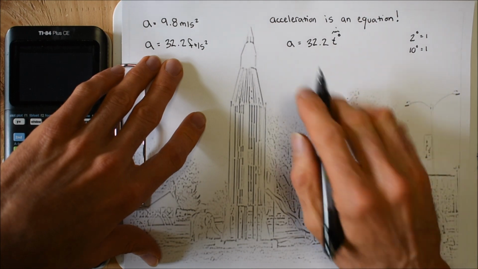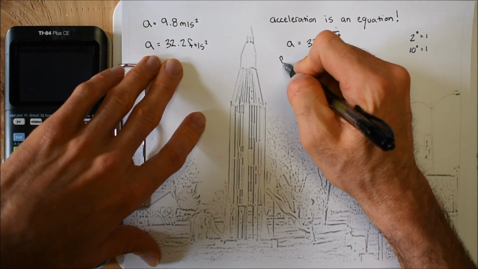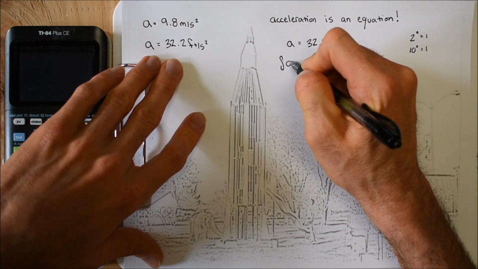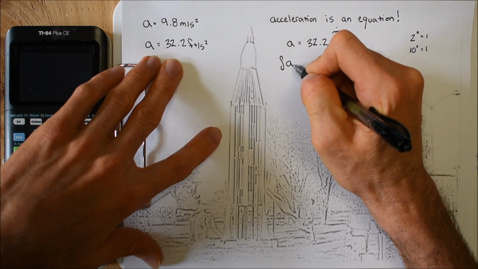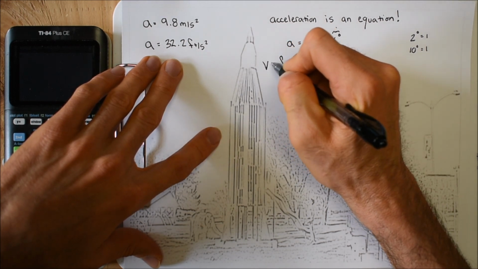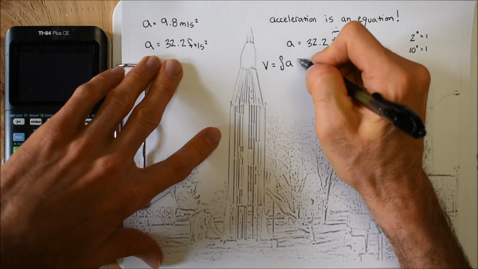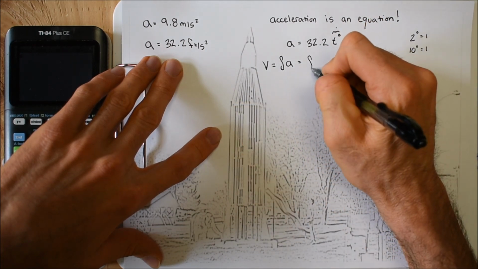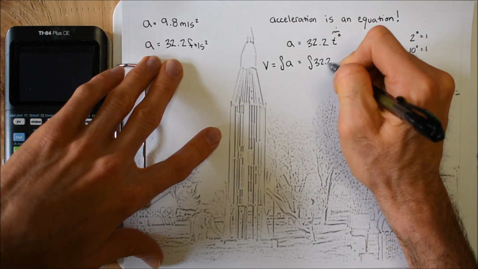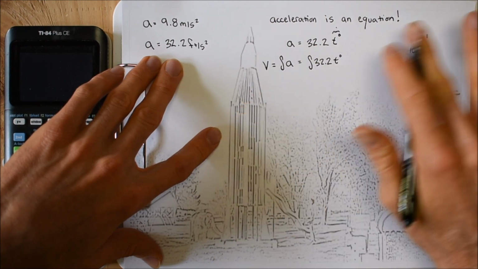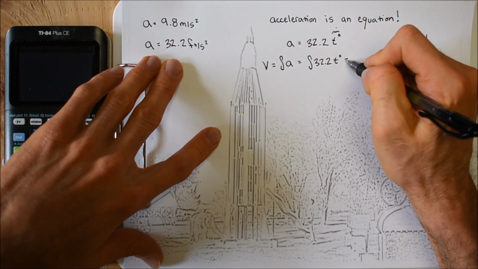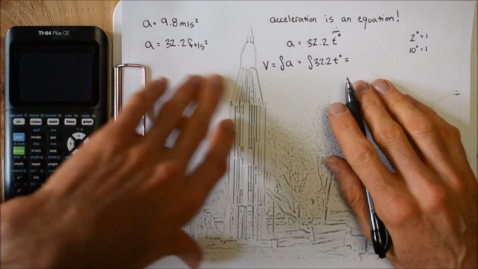But check this out. Now we can just use simple integration. I don't know if there's anything called simple integration, but if we integrate acceleration, guess what we get? We get velocity. So velocity is the integral of 32.2 t to the 0. I'm not going to write anything else except this integral sign. I don't want to confuse a thing.